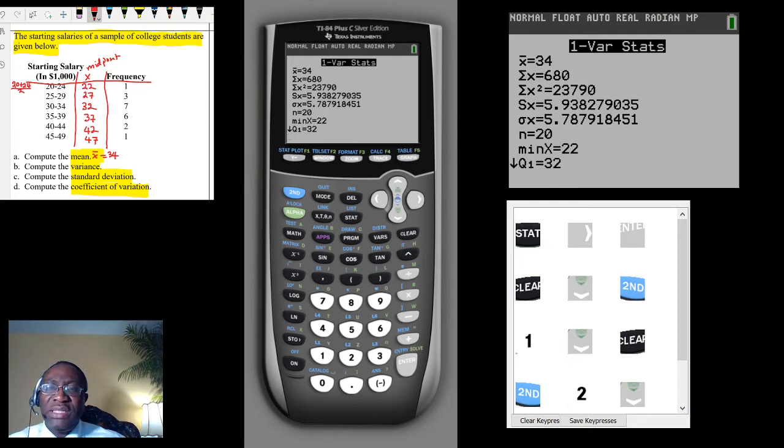Now the TI does not give you the variance directly. However, the TI does give you the standard deviation. But here you have to be careful. You have to know whether the question is asking for a sample standard deviation or a population standard deviation. How do we know?